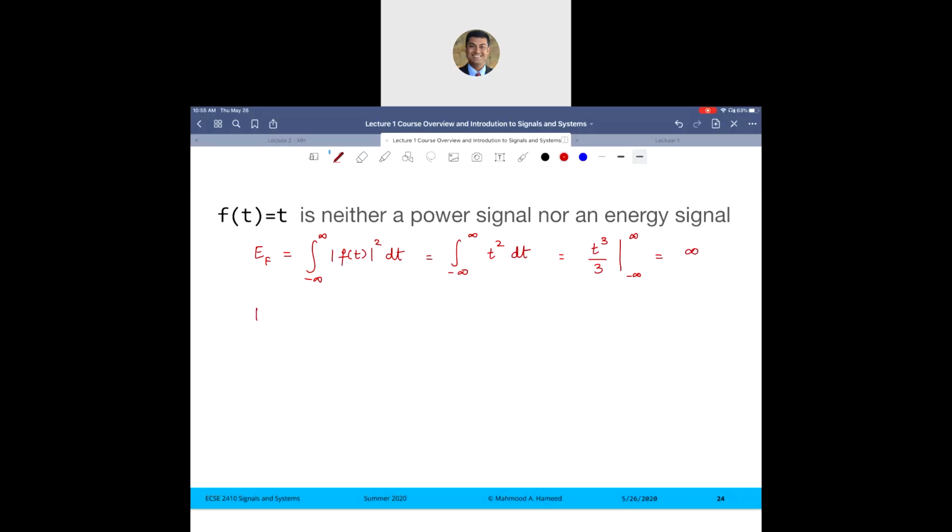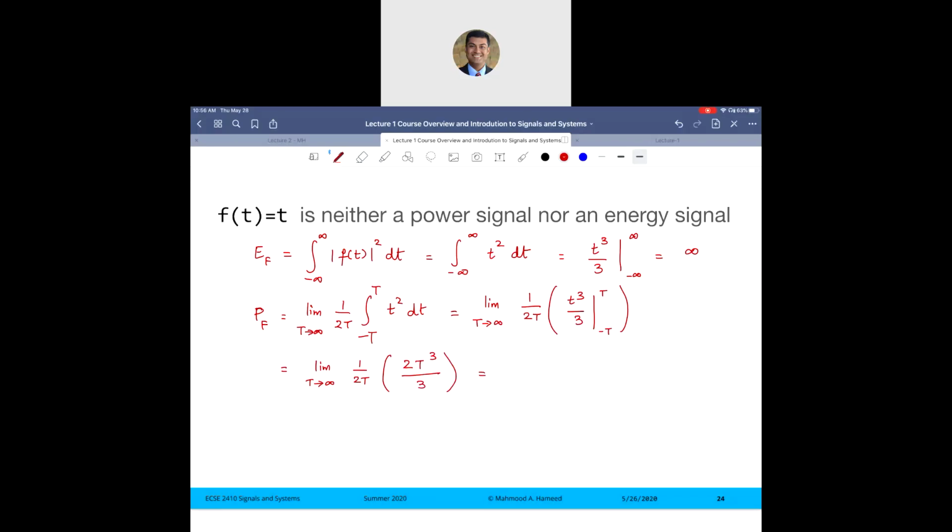How about the power? Applying that formula, you've got the limit as t tends to infinity of 1 over 2t, and then we've got t cubed divided by 3 with limits negative t to t, which means we get 2t cubed divided by 3.